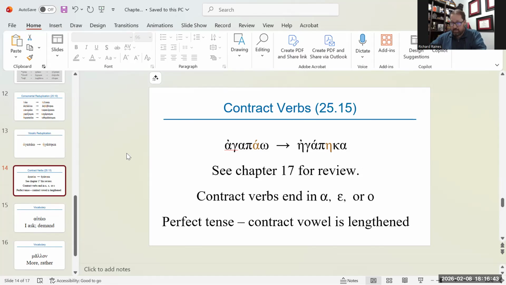So use your textbook to help you implement these rules as you do the workbook.